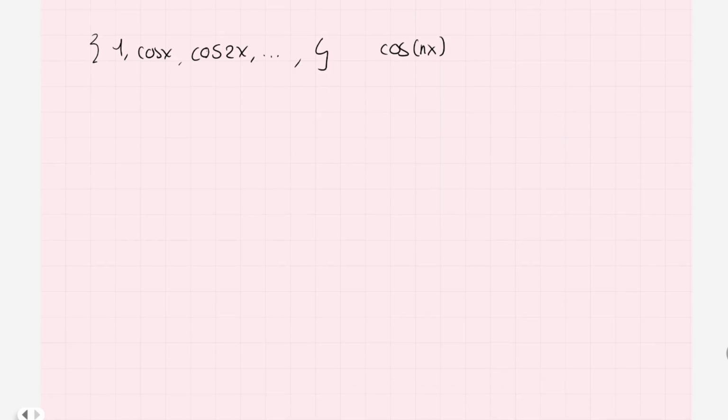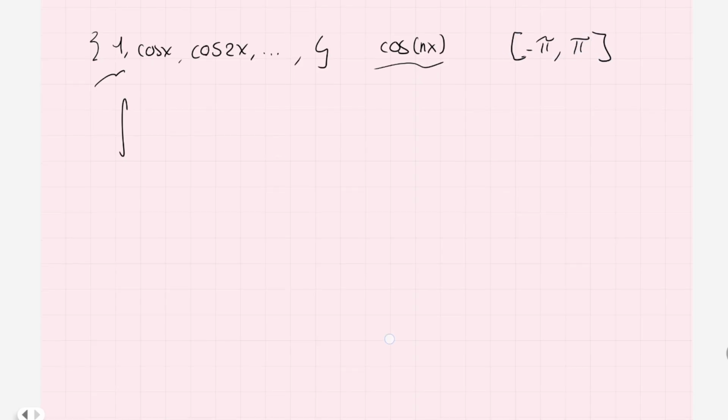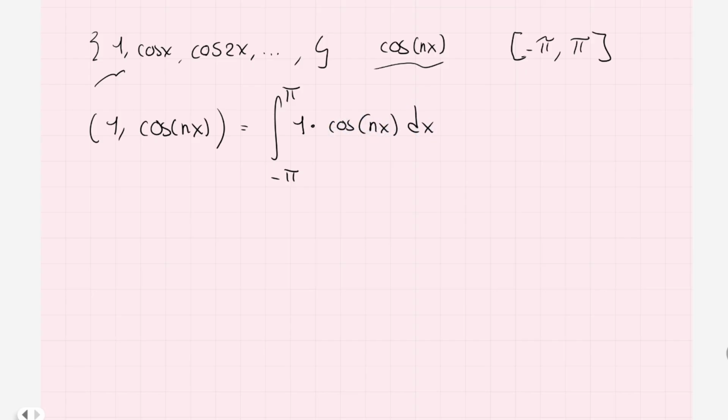So we are going to begin with the element 1. We are going to calculate the inner product of 1 with cosine of nx, and we are going to show that this set is orthogonal in the interval minus pi to pi. This is the integral from negative pi to pi of 1 times cosine of nx dx.